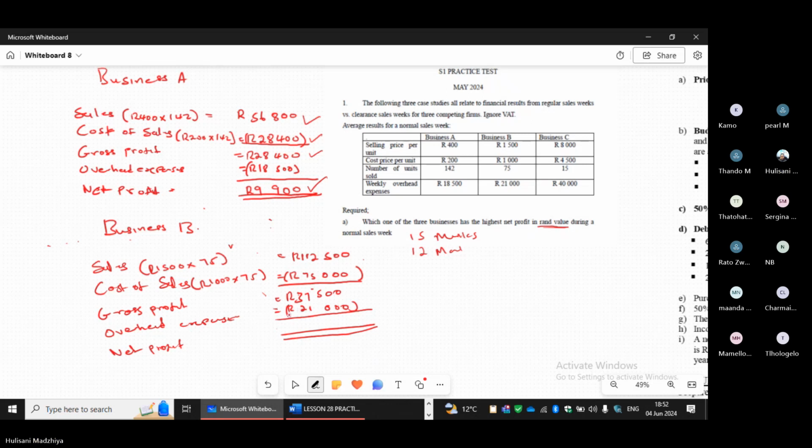Minus the overhead expense, then this will give you your net profit. So minus this one, we're going to have 16,500. So can I say by a raise of thumbs up, those who got the same amount?